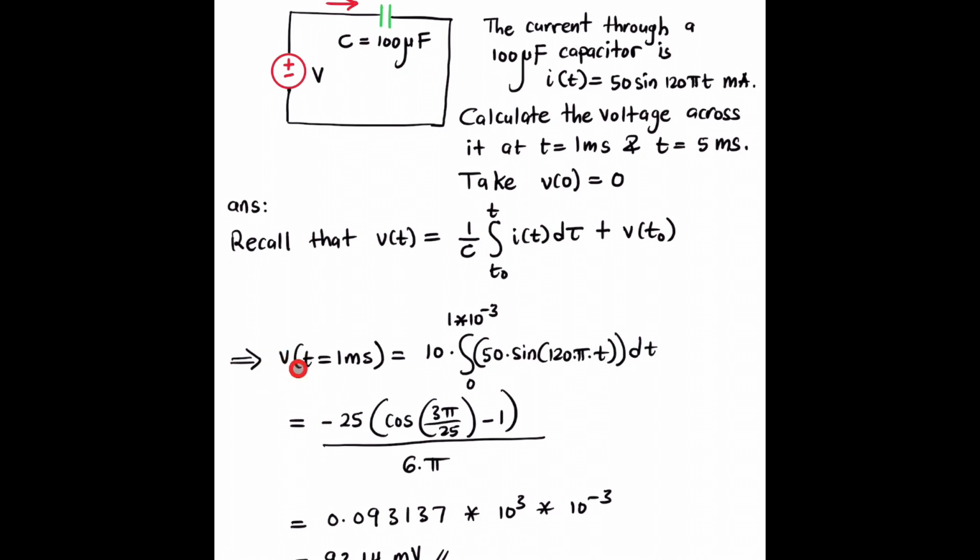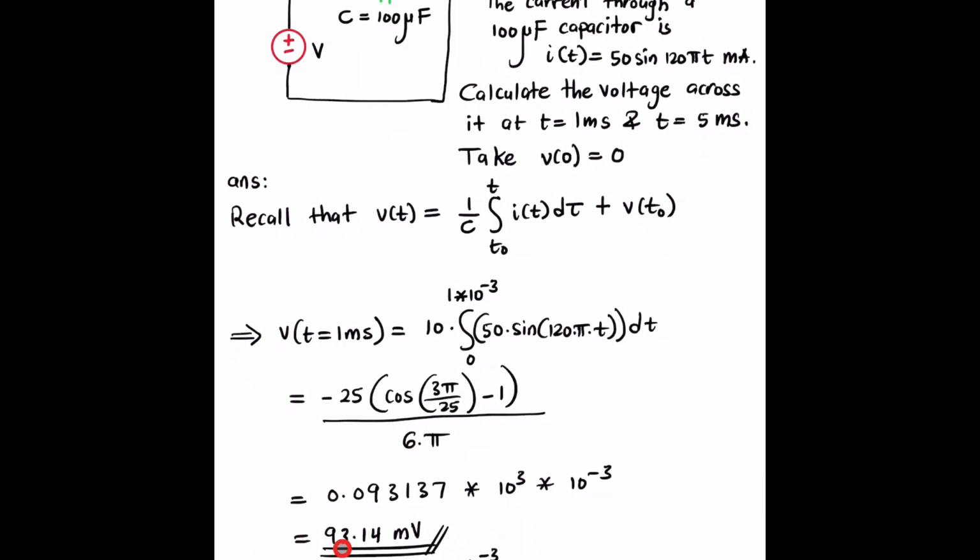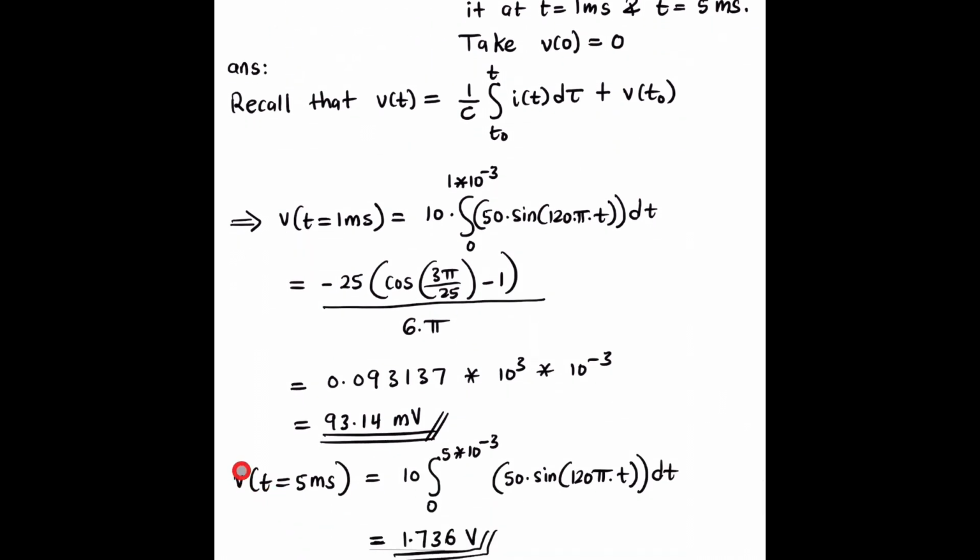This implies that V at t equals 1 millisecond is equal to this. Once we take the integral, we get this, and then we simplify it some, and we get 93.14 millivolts. And then V at t equals 5 milliseconds is equal to this. We take the integral, we simplify it, and we get that.